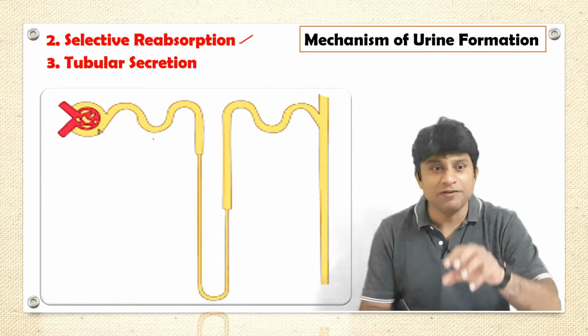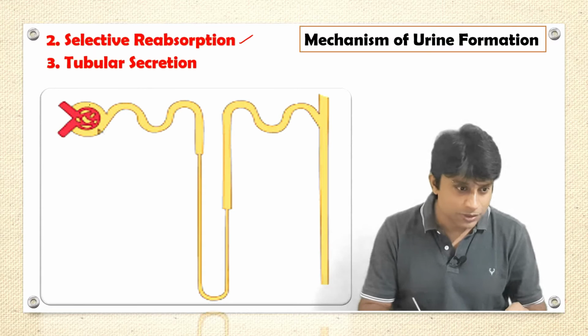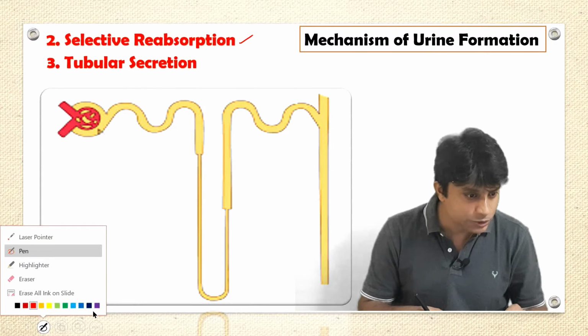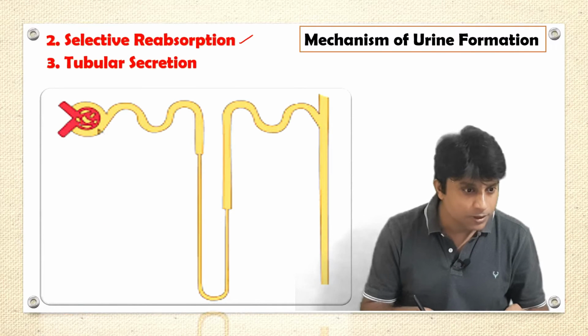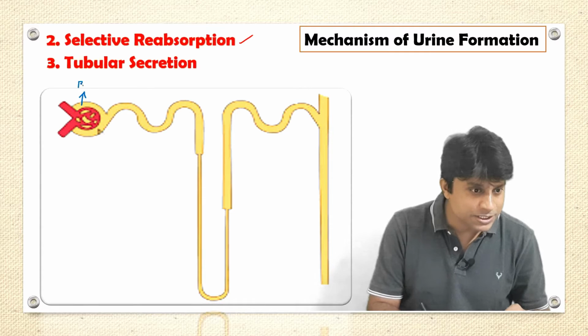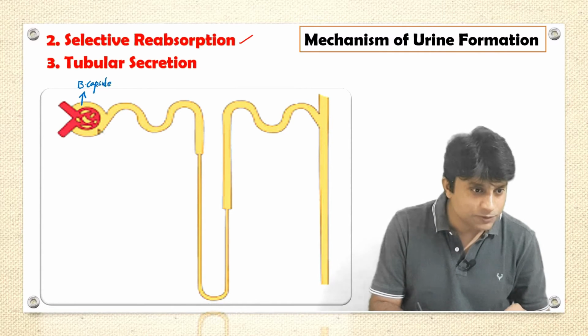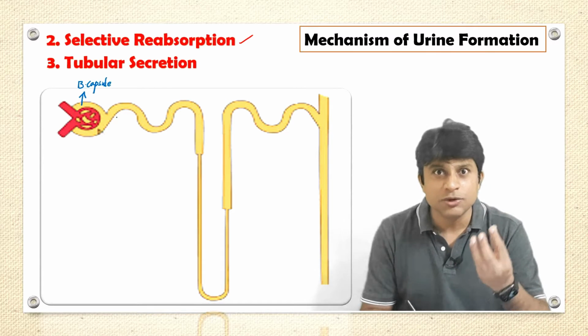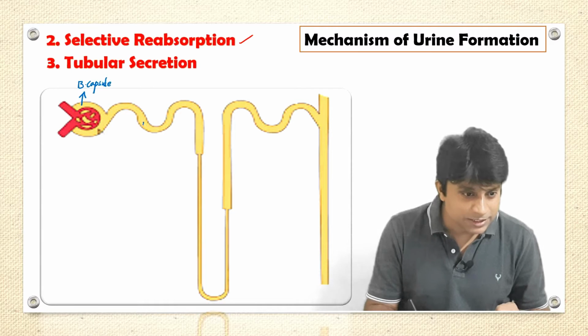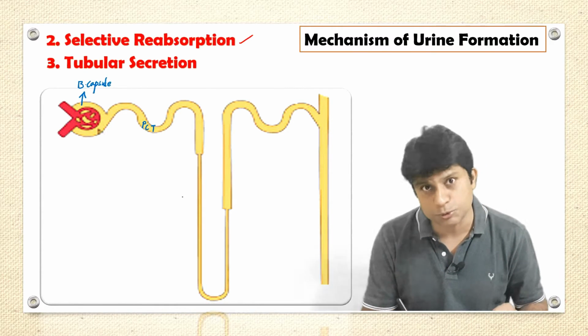First, let us have a brief idea about the nephron. This part of the nephron is called Bowman's capsule. This is Bowman's capsule, where ultrafiltration occurs, where the entire glomerular filtrate is collected into this tubule. Now this part is called PCT, the proximal convoluted tubule.